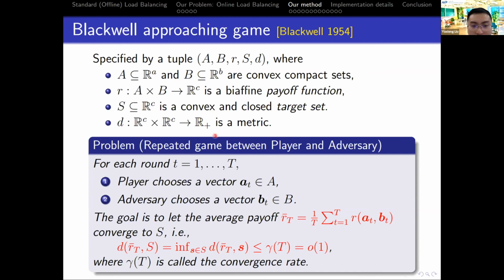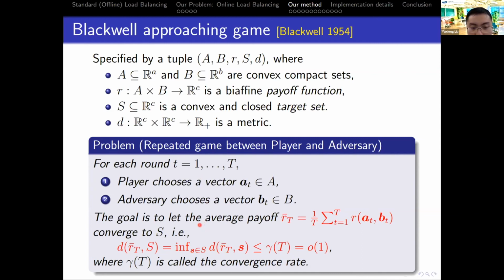And the Blackwell approachability game is in a very similar way to online learning. For each round t from 1 to large T, the player first chooses a vector a_t in set A, and the adversary chooses a vector b_t in B. Of course, A and B can be different sets.